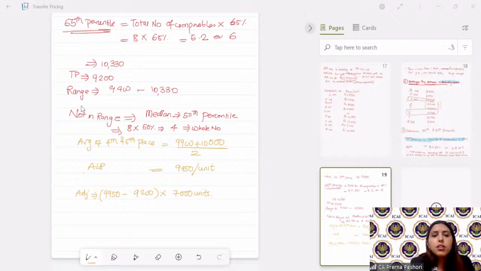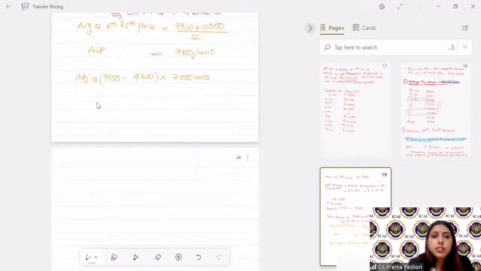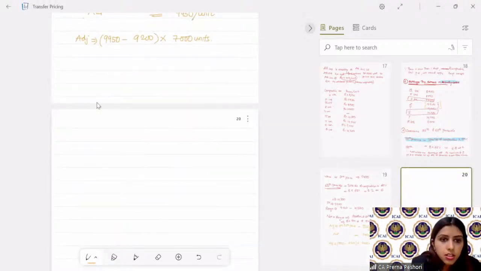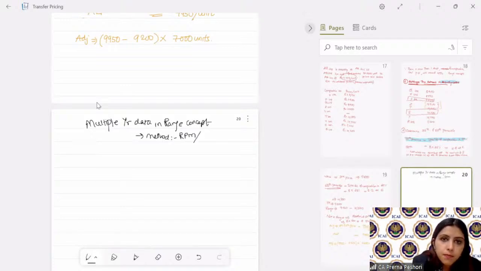So multiple year data under the range concept can be taken only if the method is RPM, CPM or TNMM.